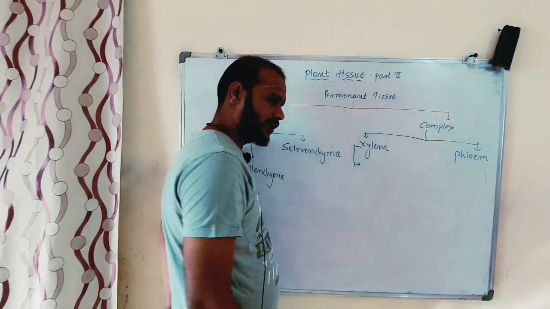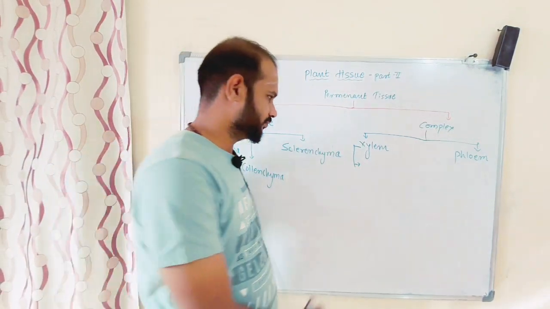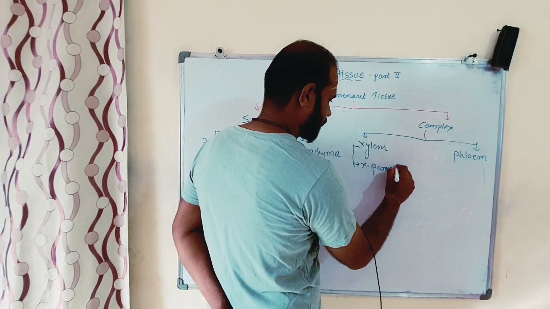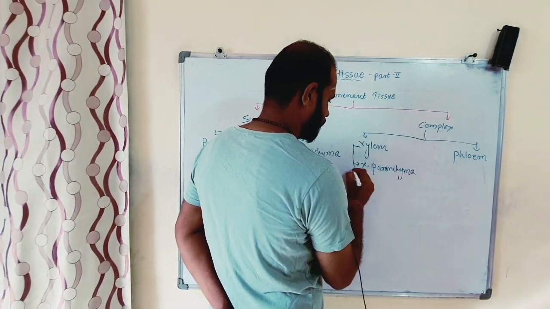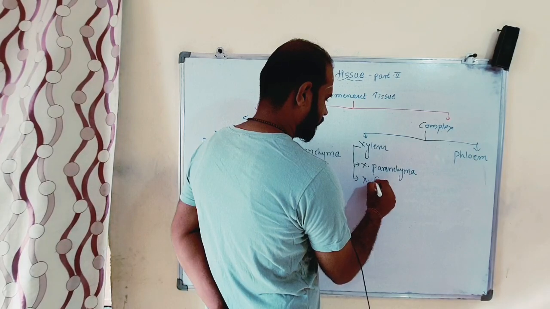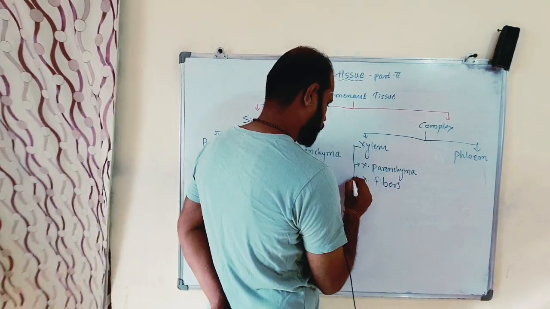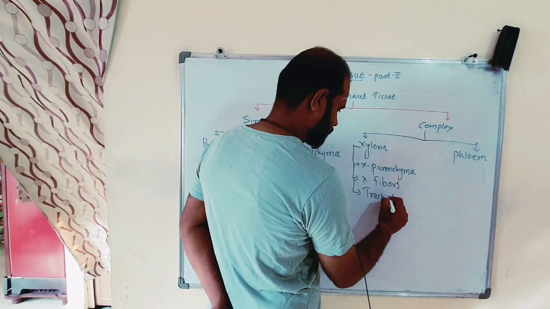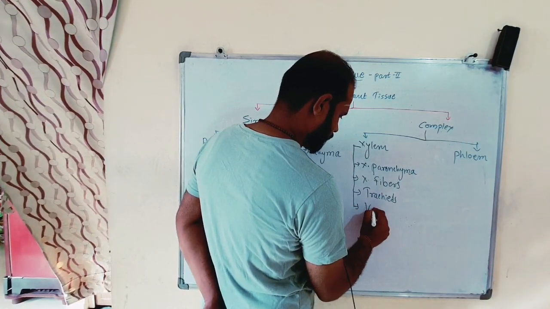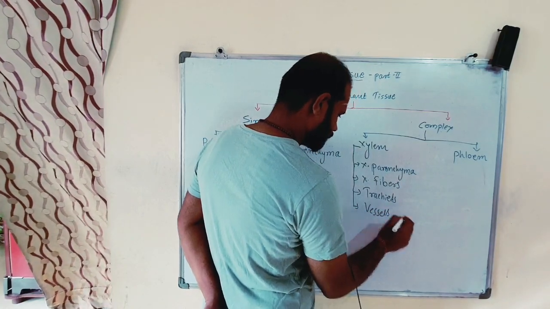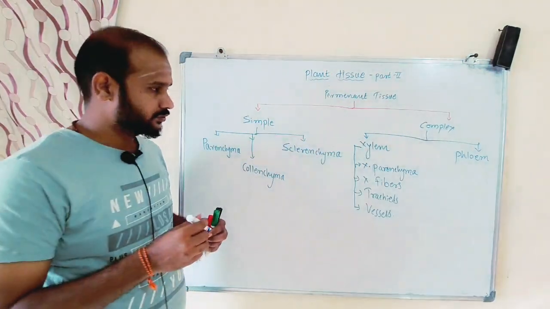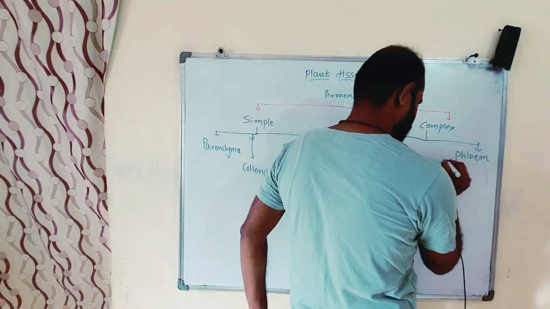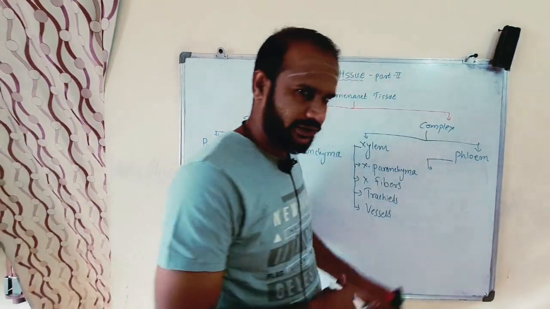Xylem is again divided into four different types. That is xylem parenchyma, second one is xylem fibers, third one is tracheids, fourth one is vessels. And phloem again has four different types, but there is one more complex tissue.